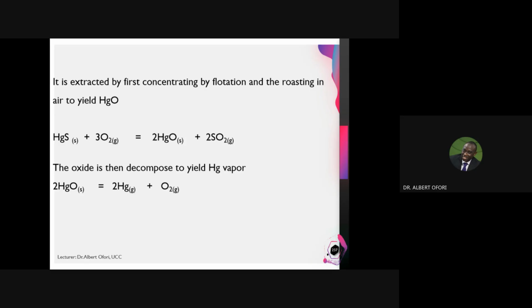We heard of this mercury poisoning in Japan, the Minamata case, where it nearly wiped out a whole community in Japan called the Minamata community. It started from an industry releasing mercury into the water. So the fish were contaminated. Then the people started fishing in the river, and then the people also started dying from the mercury poisoning.